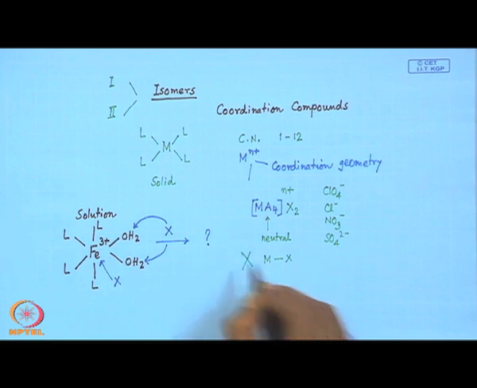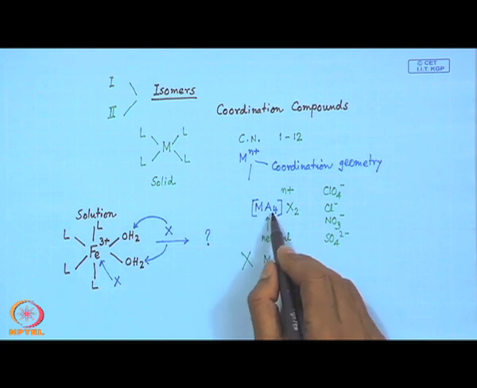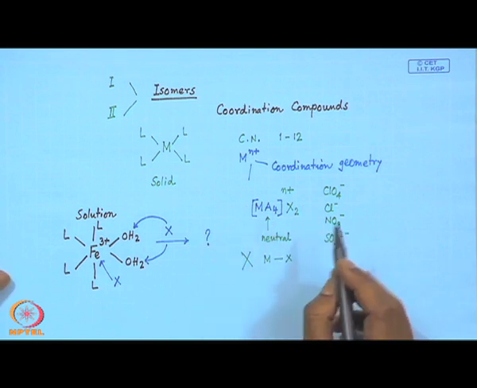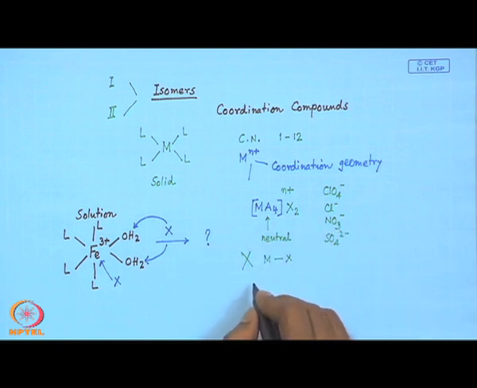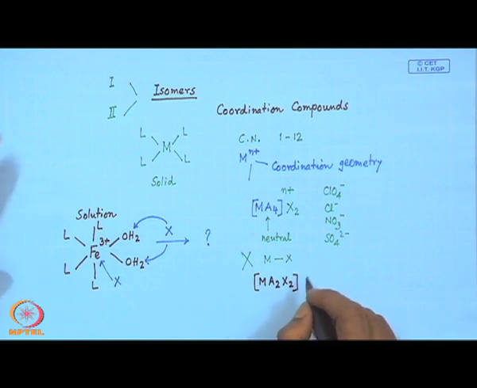So, there is no M-X bond, that means M is not forming any kind of bond with the X atom, only it is forming 4 M-A bonds to the ligands which are A. Now, if some different type of arrangement is possible, that means M A2 X2, and if A are neutral, we cannot have A outside.